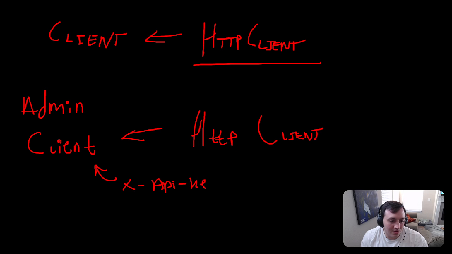I haven't actually started doing anything with it, but I'm thinking right now there's going to be two separate clients in my library, one to do the admin interactions and one to do everything else, because they need different keys. Otherwise, what would I have to do?